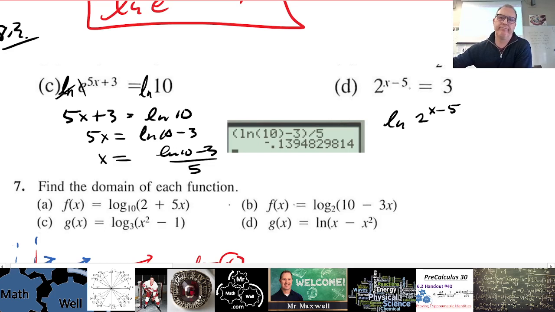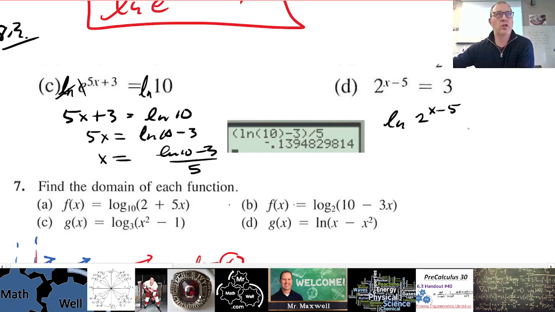But natural logarithm is going to be the default one. I don't know which one would be easier. It's probably not a good idea to have a base other than 10 or e for your calculating purposes. It might be a little extra work.